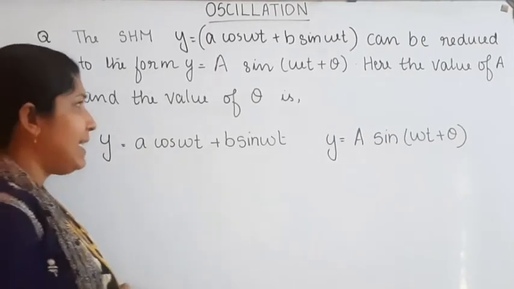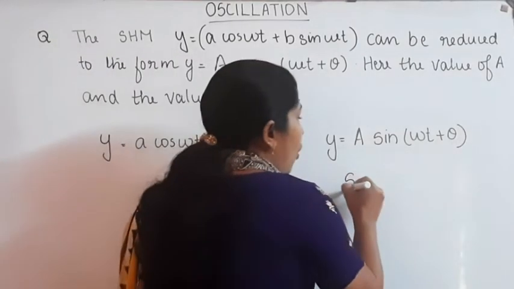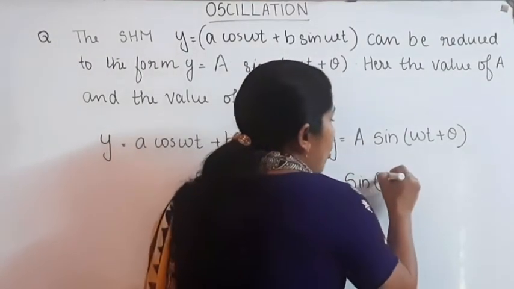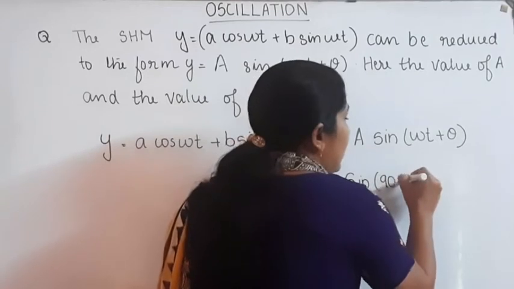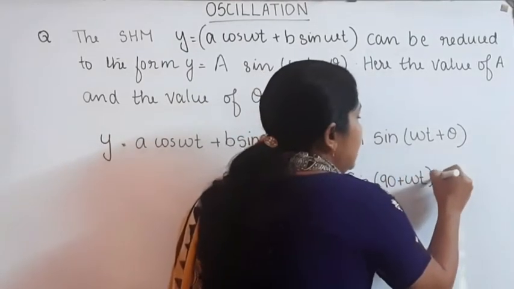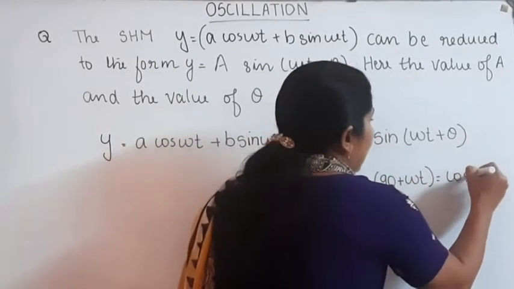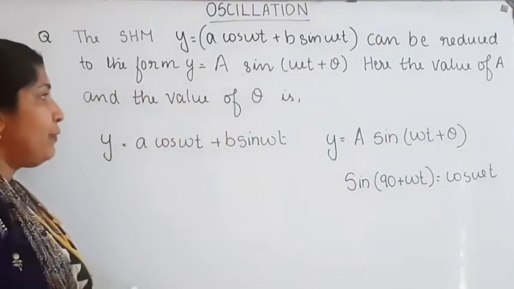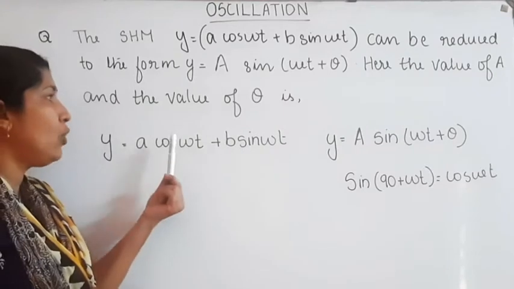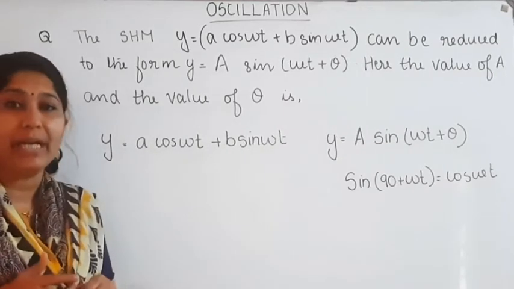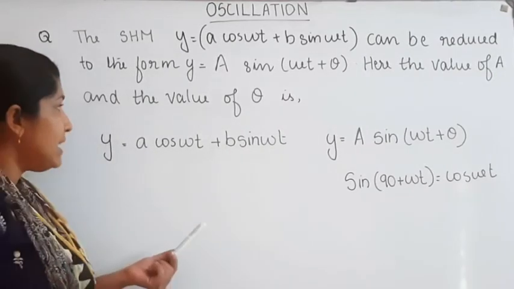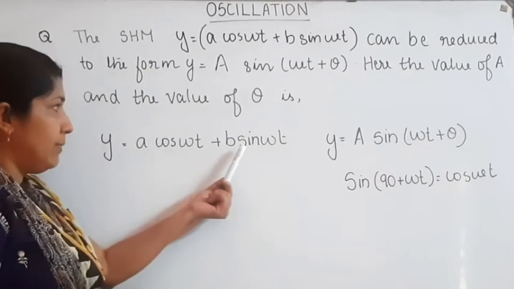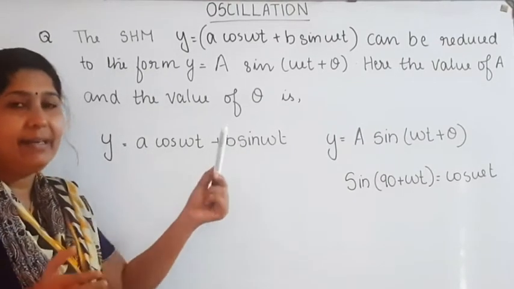We already studied that sin(90 plus omega t) is equal to cos omega t, so the phase difference between the sin term and the cos term is 90 degrees.